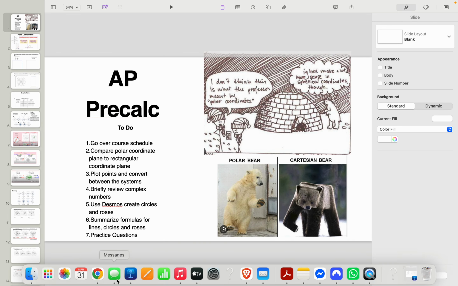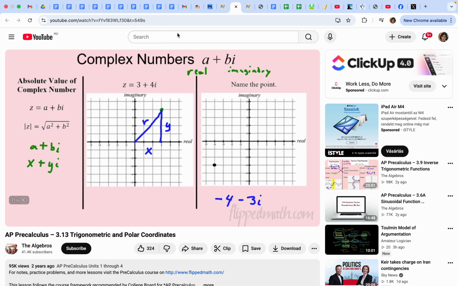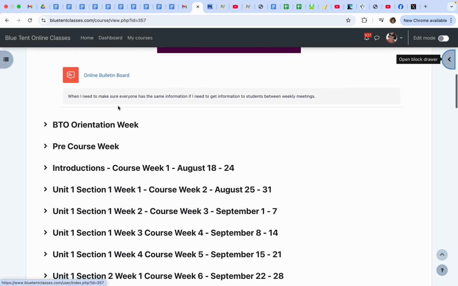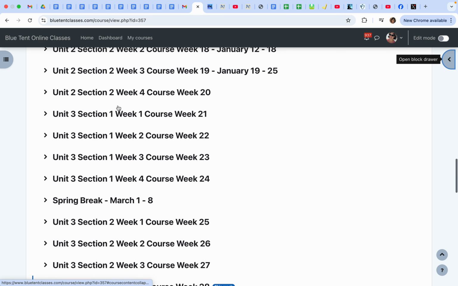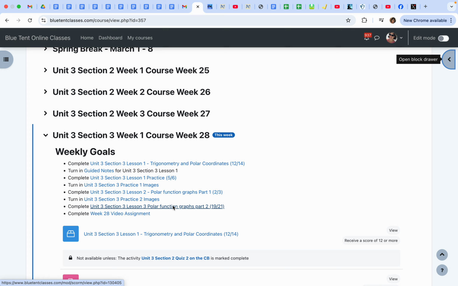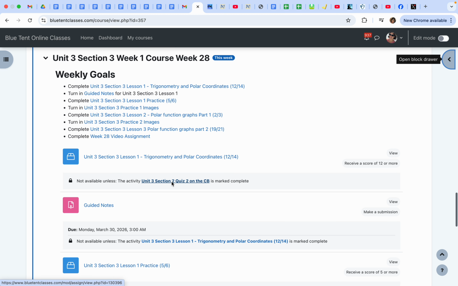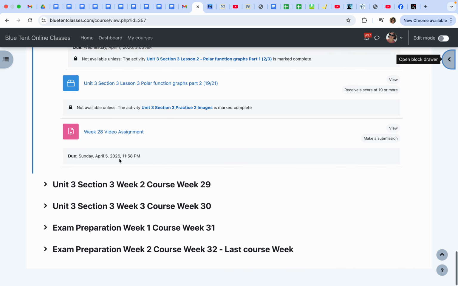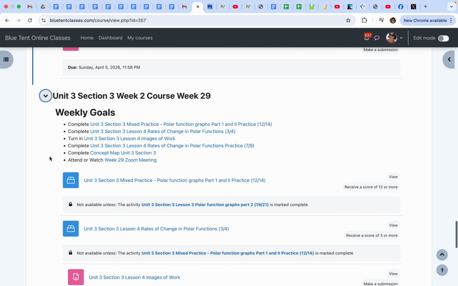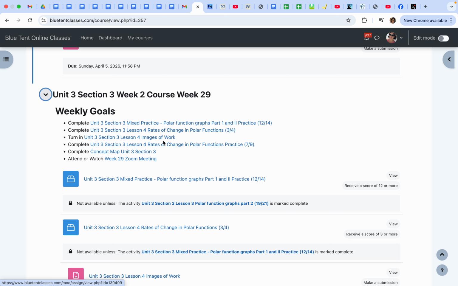Let's look real quick at our course schedule. So we are at the end of week 28, right? You've been working on these polar functions, circles and roses, and that's what we're going to review this week. Week 29 next week, we're going to continue looking at polar coordinates, putting it all together, and then we get to rates of change in polar coordinates.